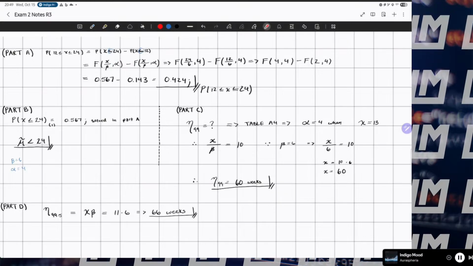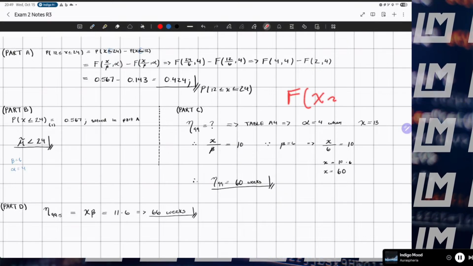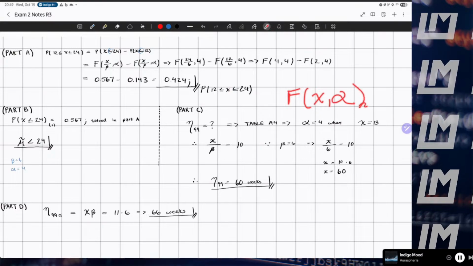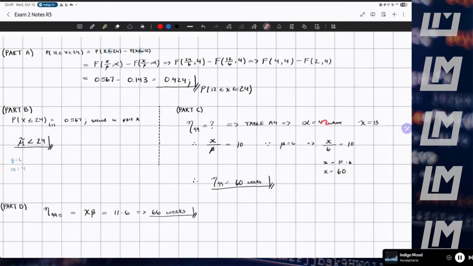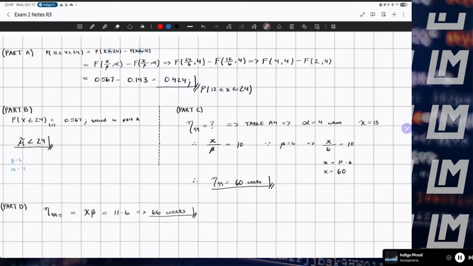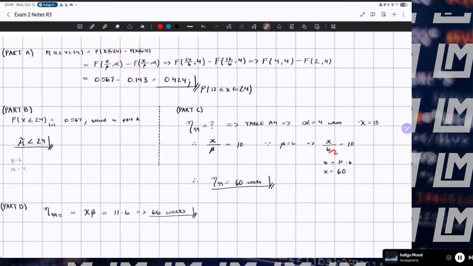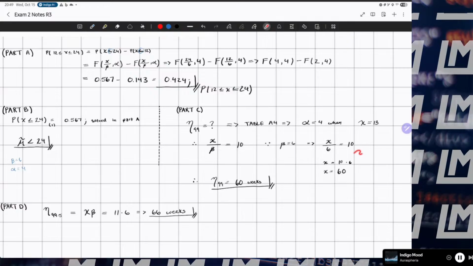And since we know that x in the function f of x, alpha in the chart, is equal to 10 according to the table, you just solve for that. We know that beta is 6, x over 6 equals 10, and so on and so forth.